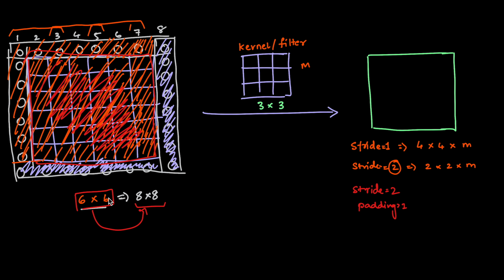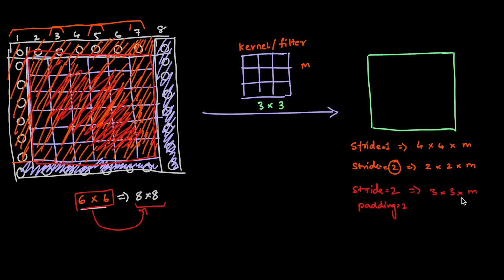Whatever operation we have applied on 6 cross 6, the same thing we'll be applying on 8 cross 8. And then the output shape that we'll be getting will be 3 cross 3 cross M. In that way, we'll be able to get an overall lesser size, and also we'll be able to cover the whole of the input portion. I hope the concept of zero padding is clear for everyone.